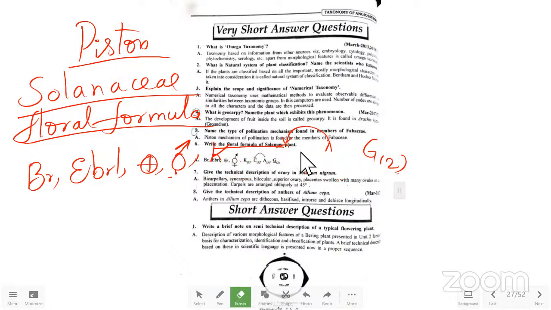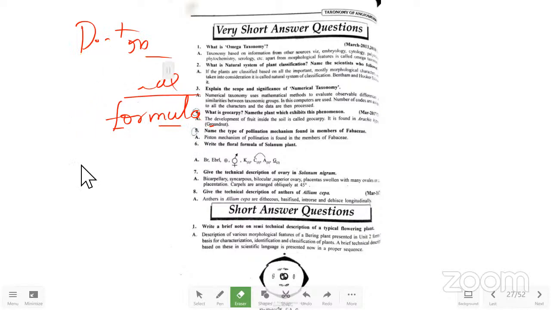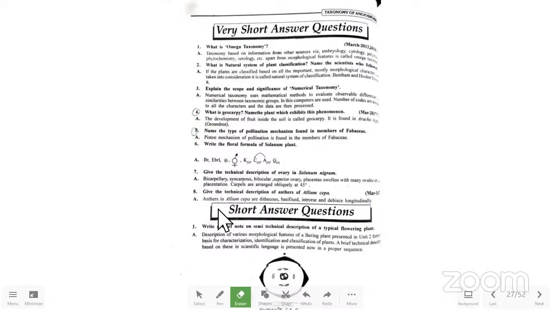Now comes the next question. Technical description of the ovary in Solanum nigrum. They have specified the plant, so for Solanum nigrum we have to describe the ovary. In Solanaceae, the ovary is bicarpellary, bilocular, syncarpous, superior, with a swollen placenta, and the ovules are arranged in axile placentation.